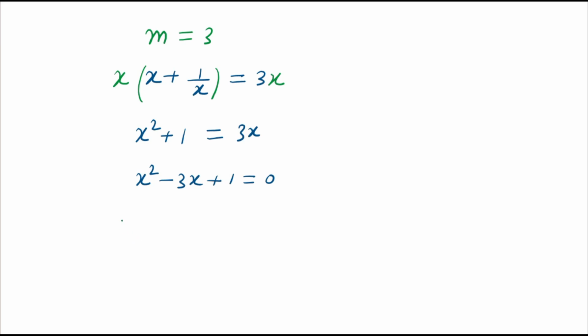Here the value of a is the coefficient of x^2, which is 1. The value of b is the coefficient of x, which is -3, and the constant term c is 1.